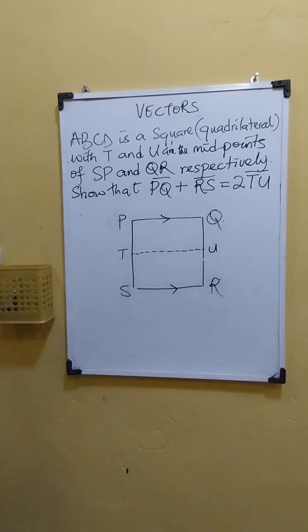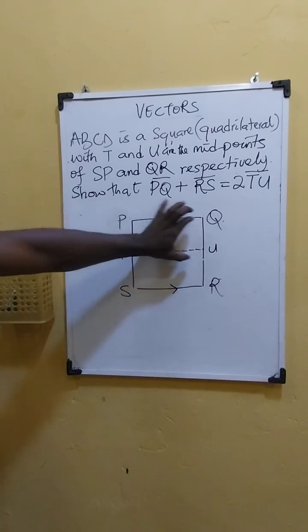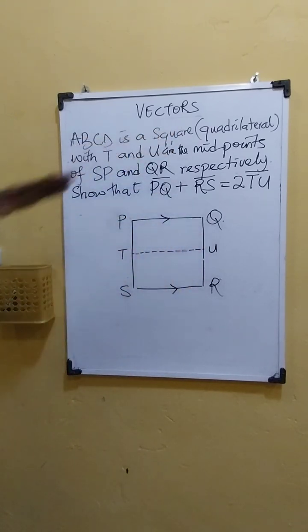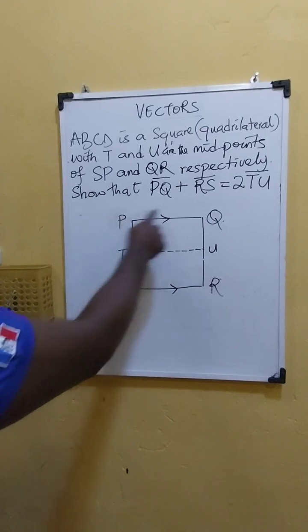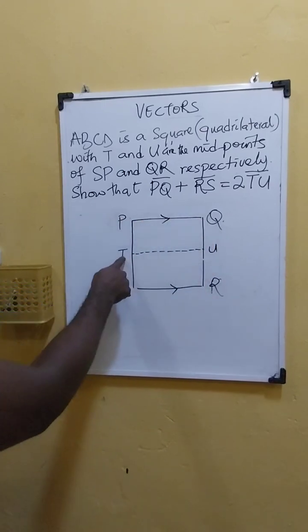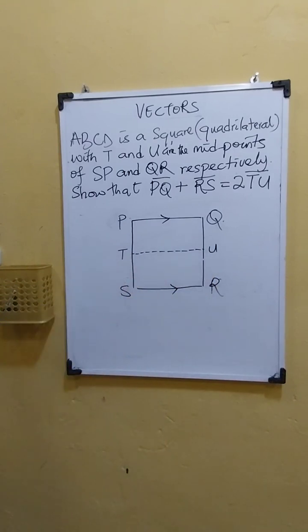So now that we have it like that, this part is the first part, and this part is another part. So we have PQ, then we have UT. We have S arrow and we have UT. Those are two parts of the diagram.